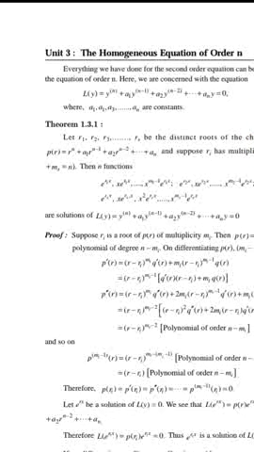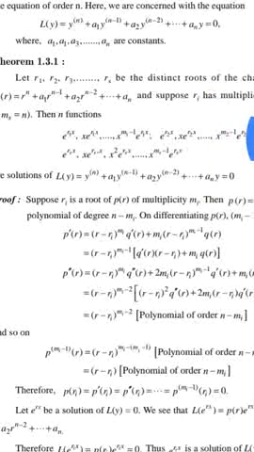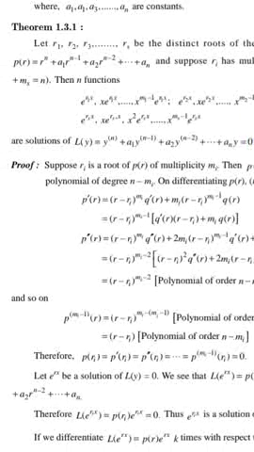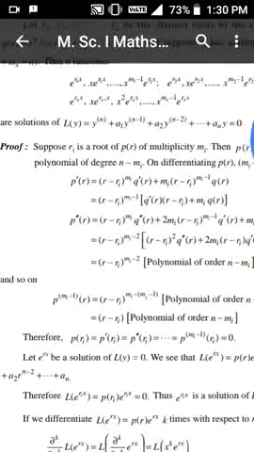Then the n functions e raised to r1x, x e raised to r1x, dot dot, x raised to m1 minus 1 e raised to r1x, e raised to r2x, x e raised to r2x, dot dot, x raised to m2 minus 1 e raised to r2x, and so on, are solutions of L of y is equal to y raised to n plus a1 y raised to n minus 1 plus a2 y raised to n minus 2 plus dot dot plus an y is equal to 0.